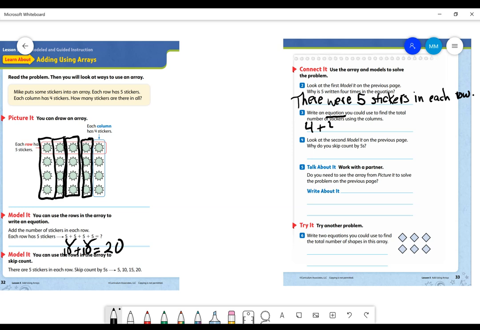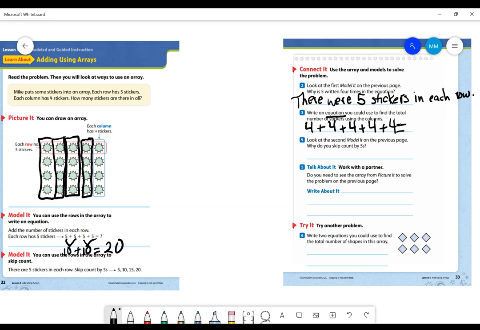So I'm going to write a repeated addition equation adding 5 groups of 4. So in each row, I had 4 rows of 5. If I'm counting columns, I have 5 columns of 4. And I'm going to double check to make sure I had 5 columns.